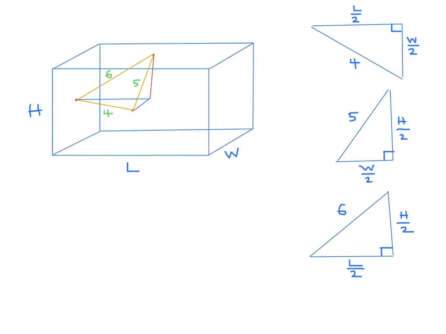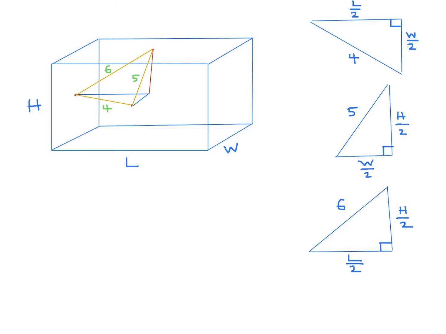So here we go. From the first one, we get a relationship: L over 2 squared plus W over 2 squared is equal to 4 squared. So that means L squared over 4 plus W squared over 4 is equal to 16. Okay?